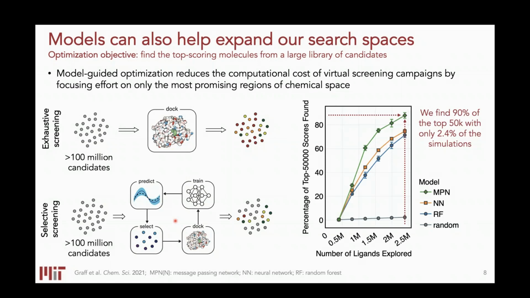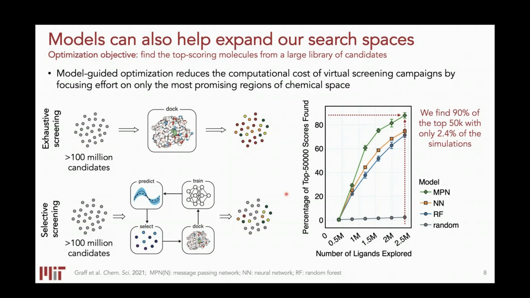And so when applying this, what we find is that we get a significant enrichment compared to a simple random screen, as you would do in a brute force search, where after only 2.5% of the calculations, we can already find about 90% of the best molecules, where here best is just defined in terms of raw docking score.